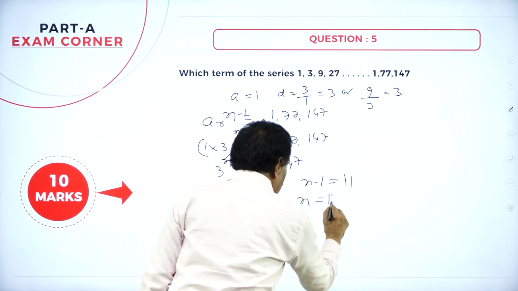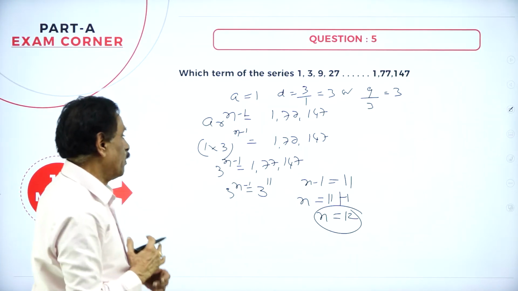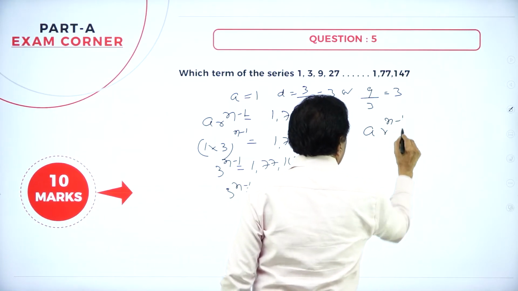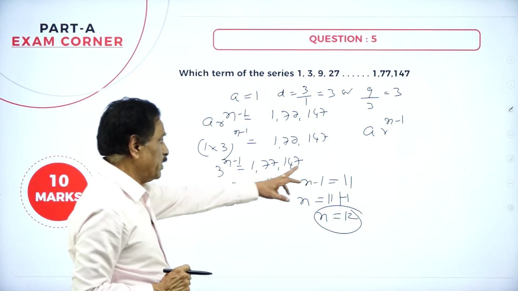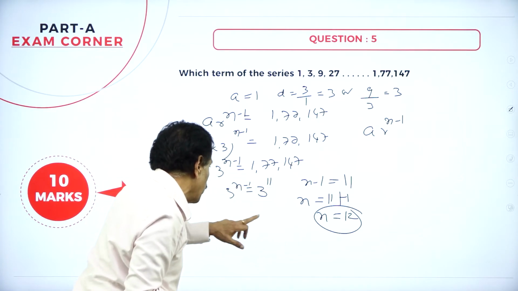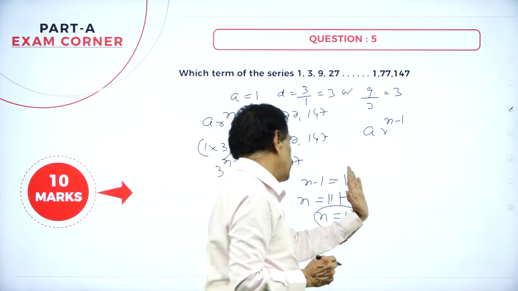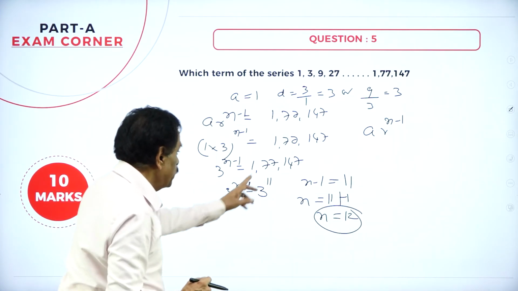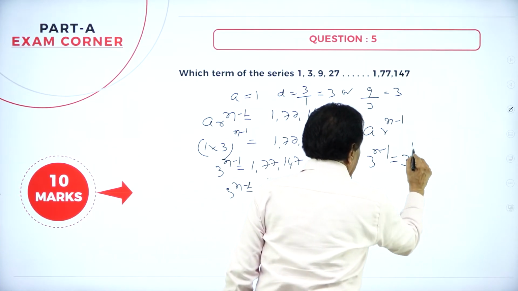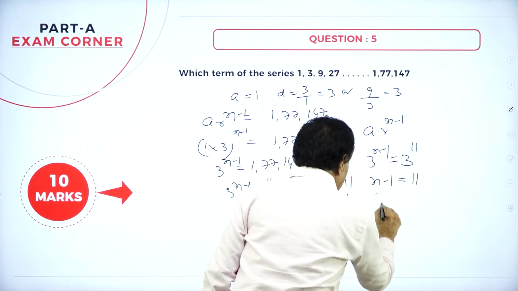N is equal to 11 plus 1, so n is equal to 12.